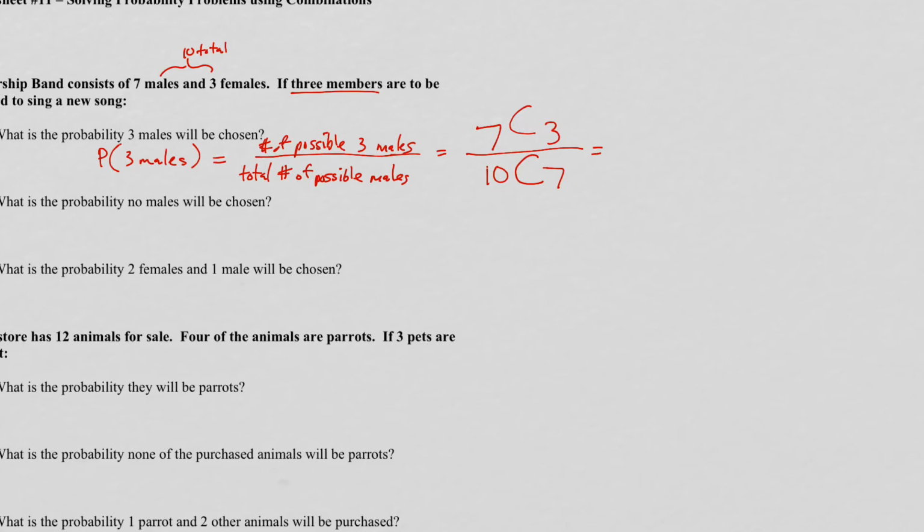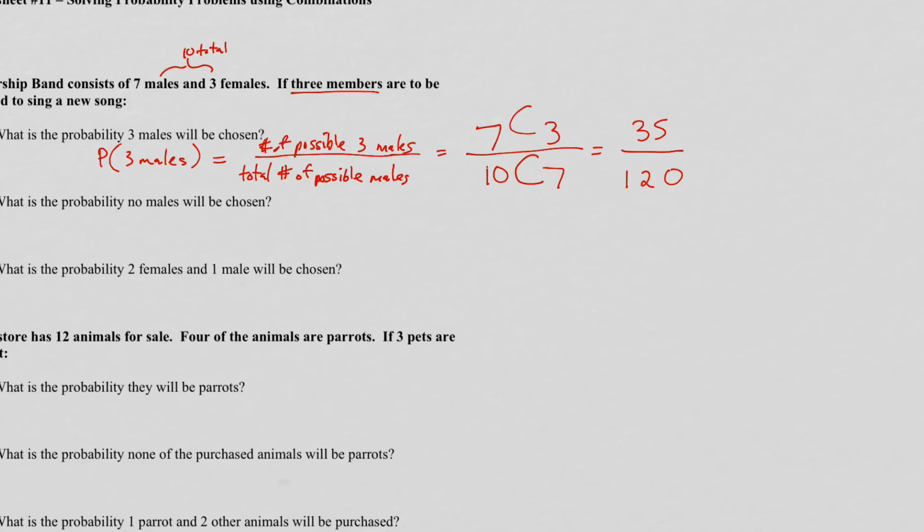If you do them one at a time, what's the answer to the top one? 35. And the bottom is 120. Now please, don't do the big formulas here because that's going to look crazy and scare you away.